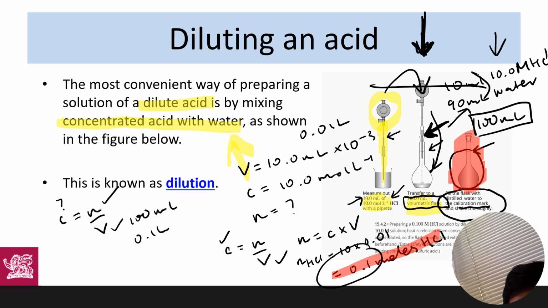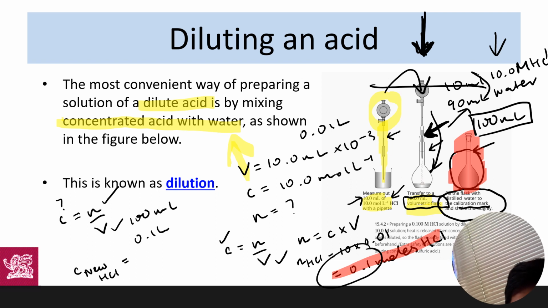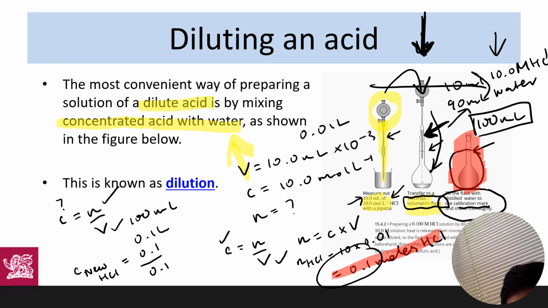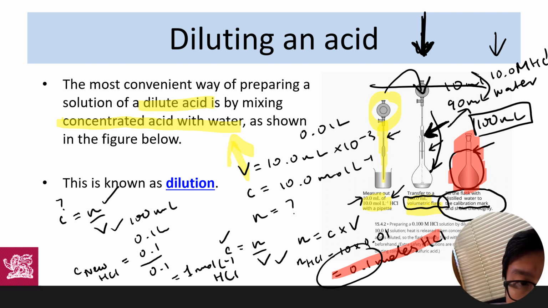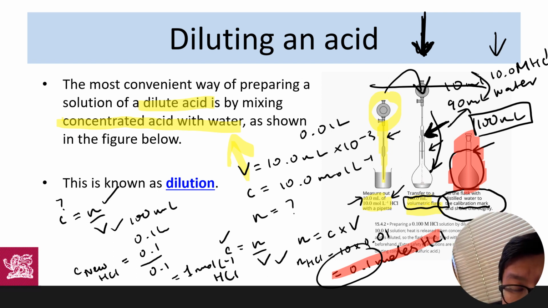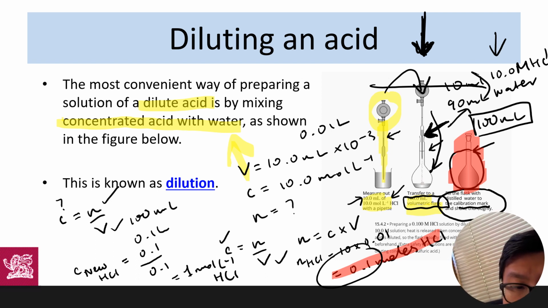Then I would go, okay, concentration of the new HCl is equal to 0.1 divided by 0.1. Same number divided by same number is equal to 1. And 1 what? Well, concentration is moles per liter of HCl. So that's a dilution of making 1 mole per liter concentration of HCl from a 10 mole per liter concentration of HCl.